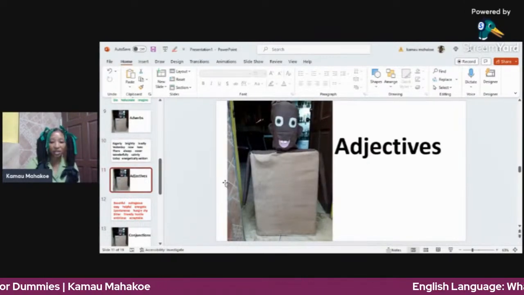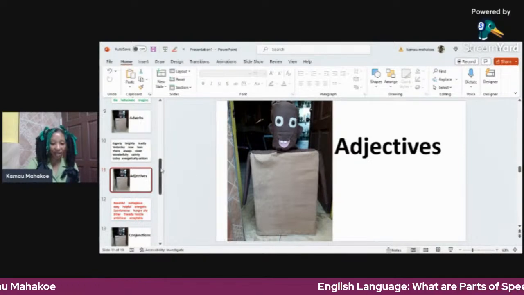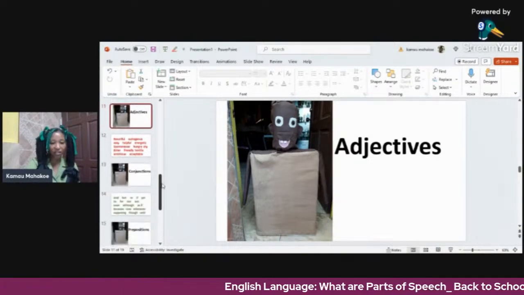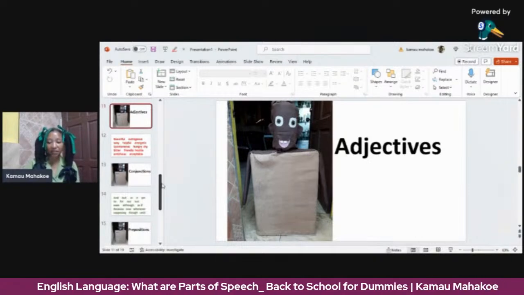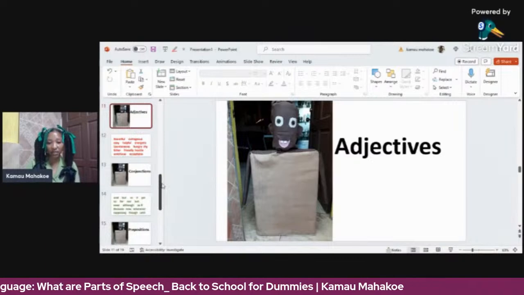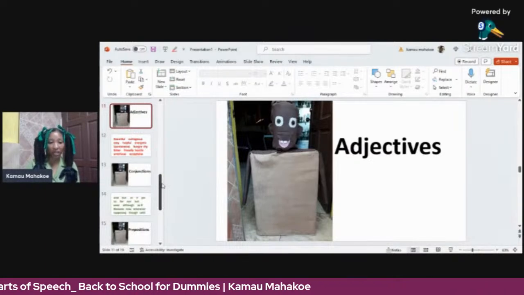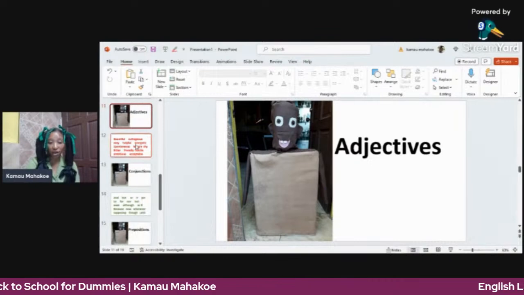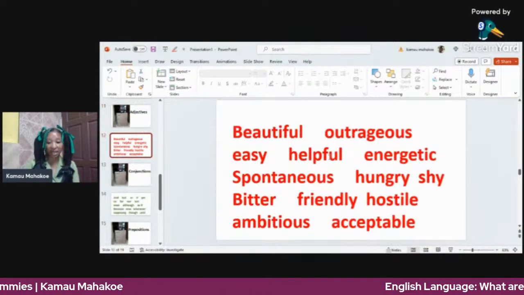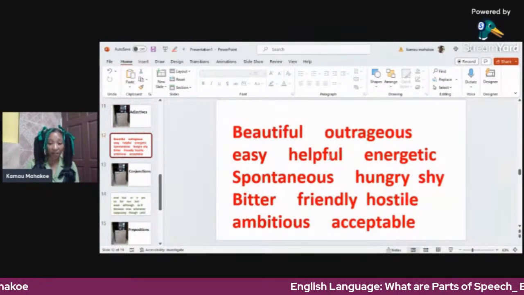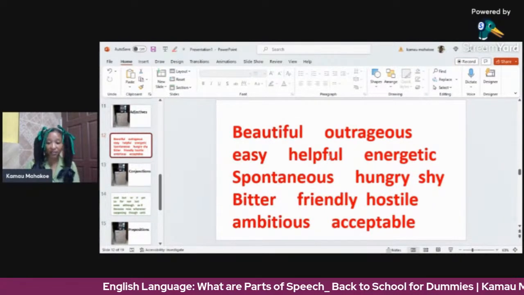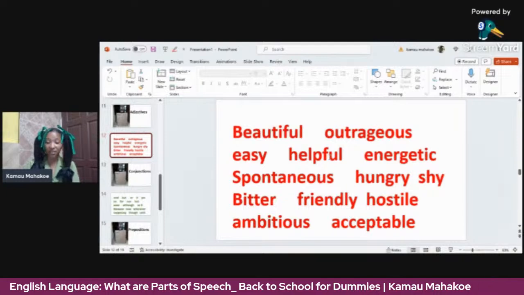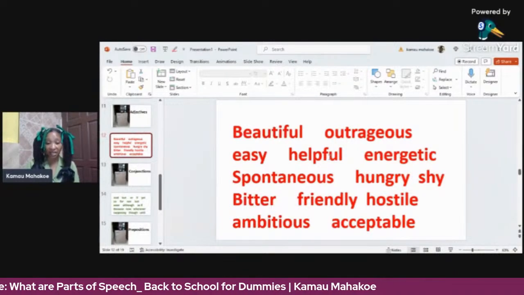All right. In elementary school, we were told the adjective is a describing word. It gives you information about the noun or the pronoun. It tells you the color, it tells you the size, it tells you the shape, it tells you the texture, how it feels, it tells you the taste, it tells you the smell, all of these things. The adjective describes.